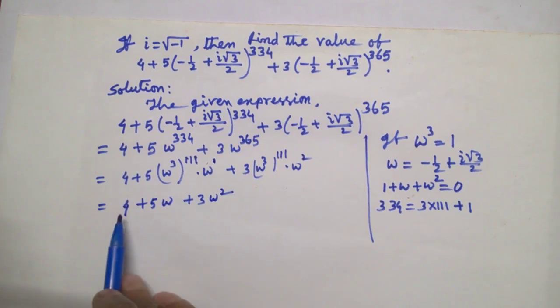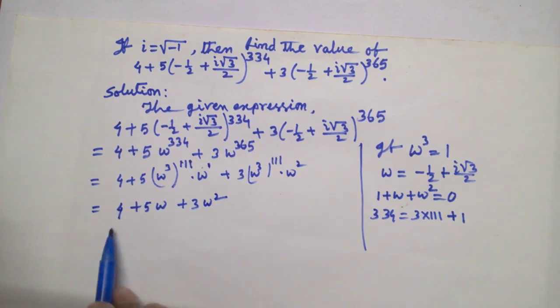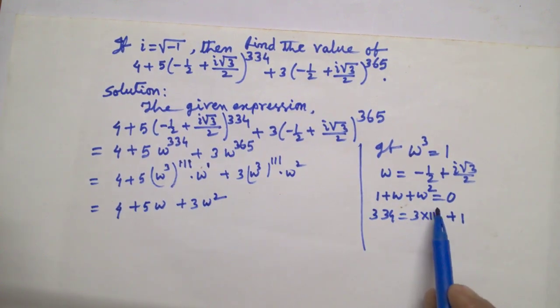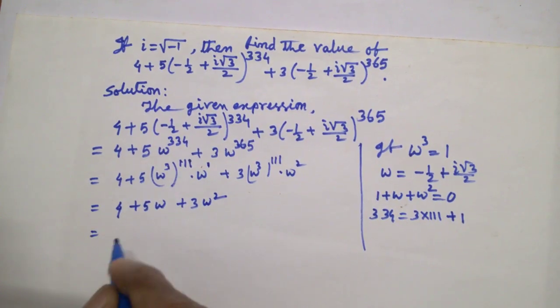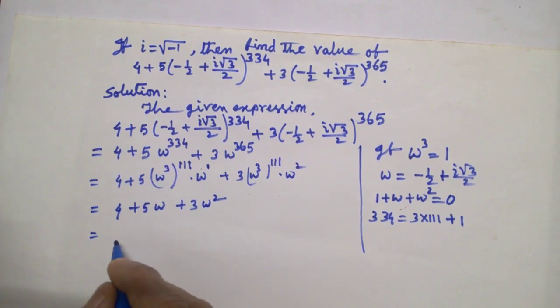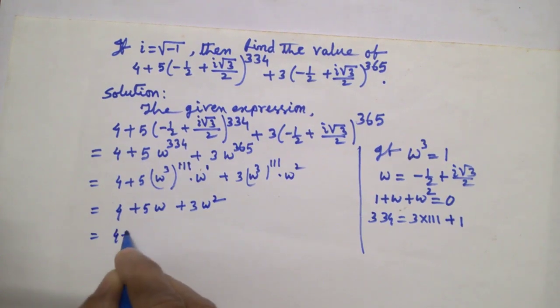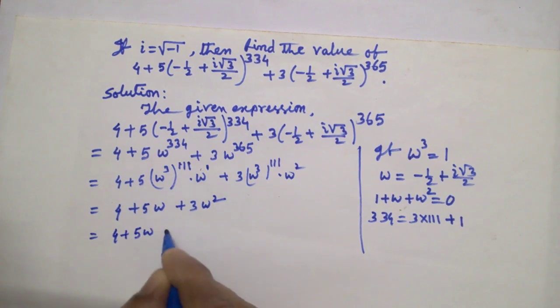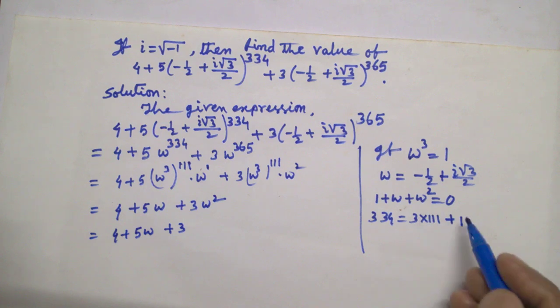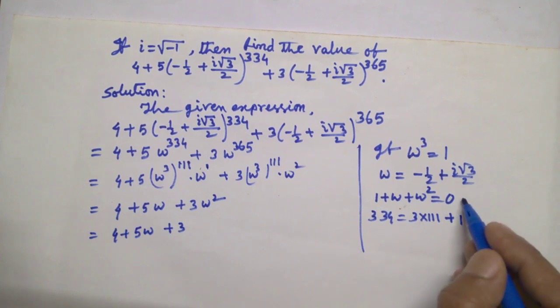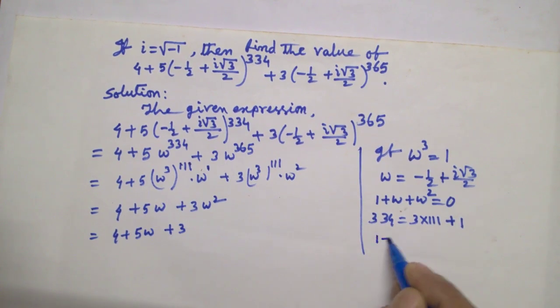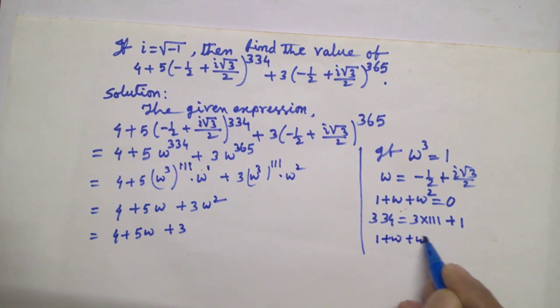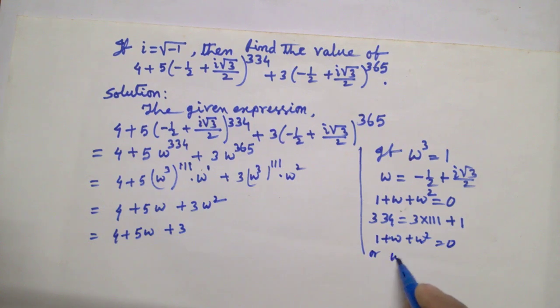Now we will reduce this such that we may use this formula. So first, 4 plus 5 omega plus 3 omega square. To use this formula, 1 plus omega plus omega square is equal to 0, or omega square is equal to minus 1 minus omega.